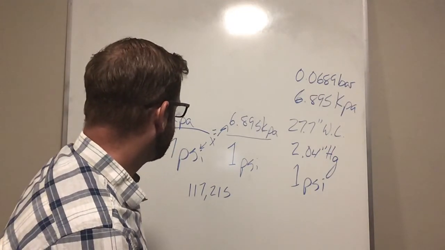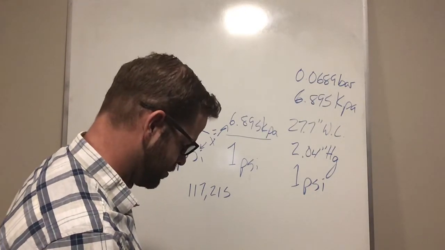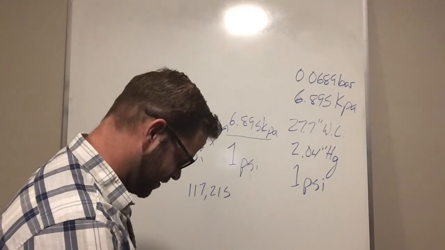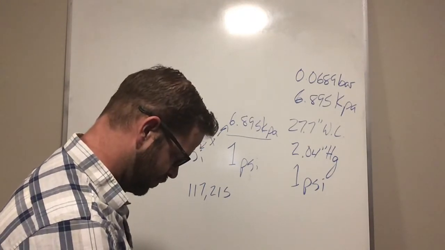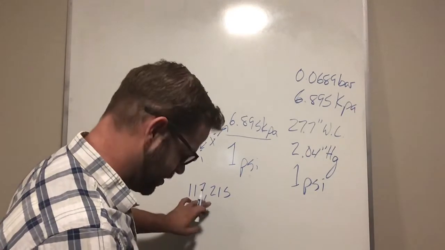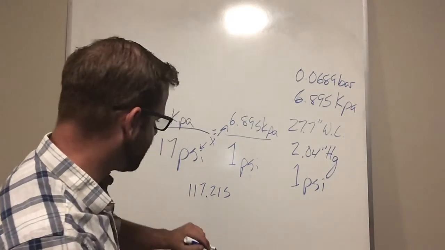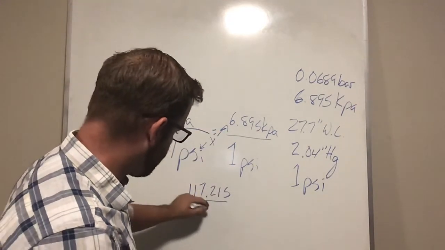What happened there? Something happened there. I didn't put the decimal in. So that should be 117.215. So we multiply across, then divide by 1.